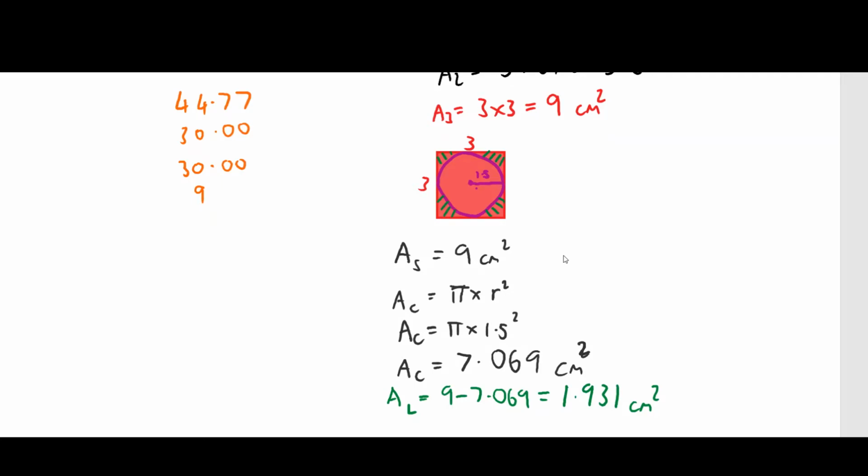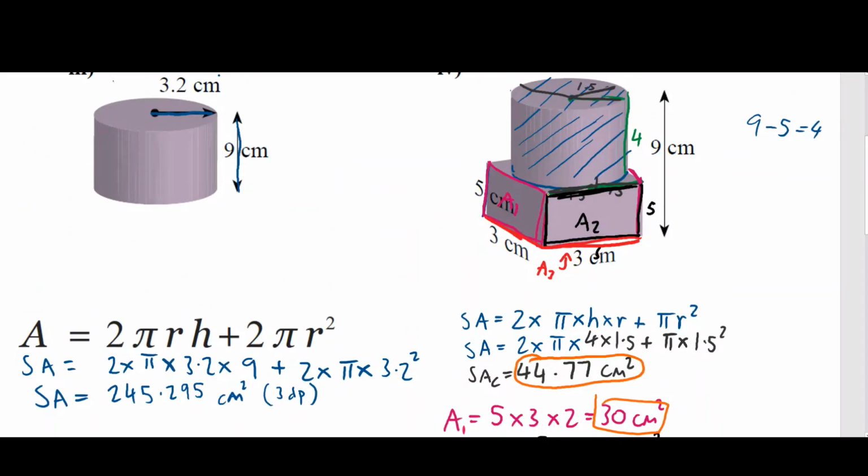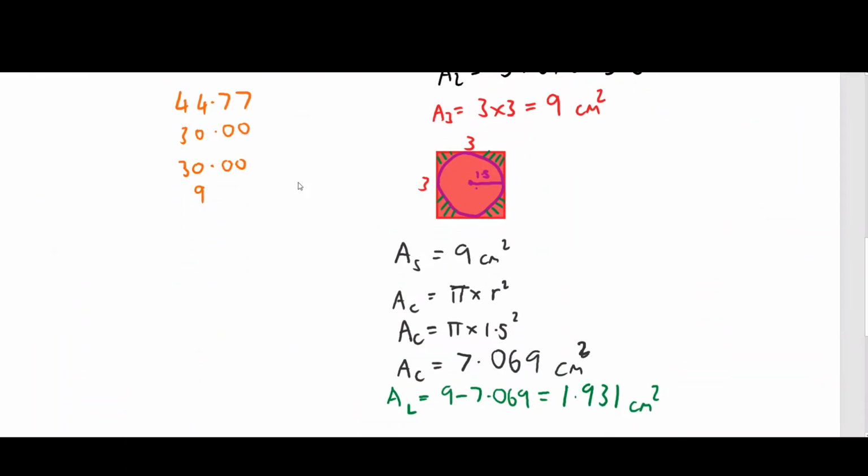And the final bit, this bit here, which is 1.931. So let's add: 1, 7, 8, 9, 10, put down a 0, carry a 1, 7, 8. 8 plus 9 is 17, down to 7, carry the 1.